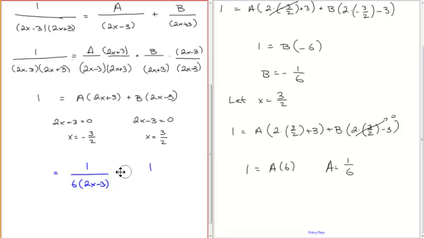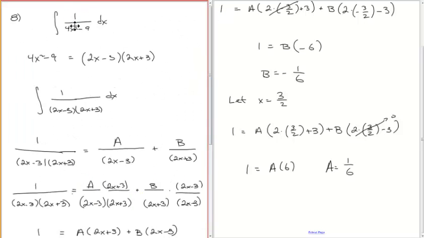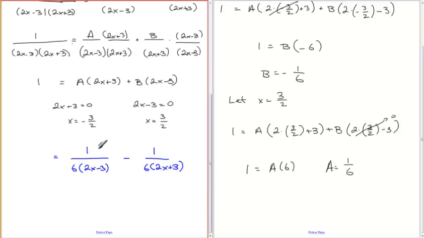Let's put a negative sign here. So we get negative 1/6 times (2x plus 3). So that's what our original fraction was equal to. If we go all the way back up to the top, this was equal to that, and that is equal to this.